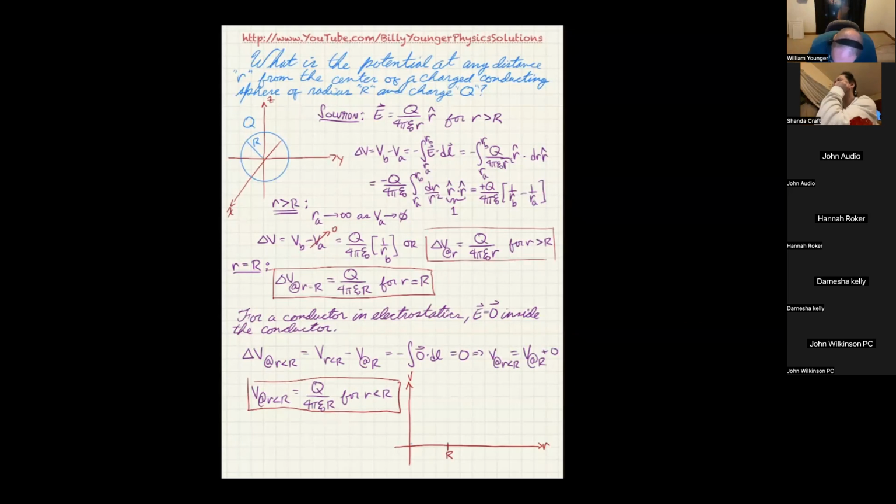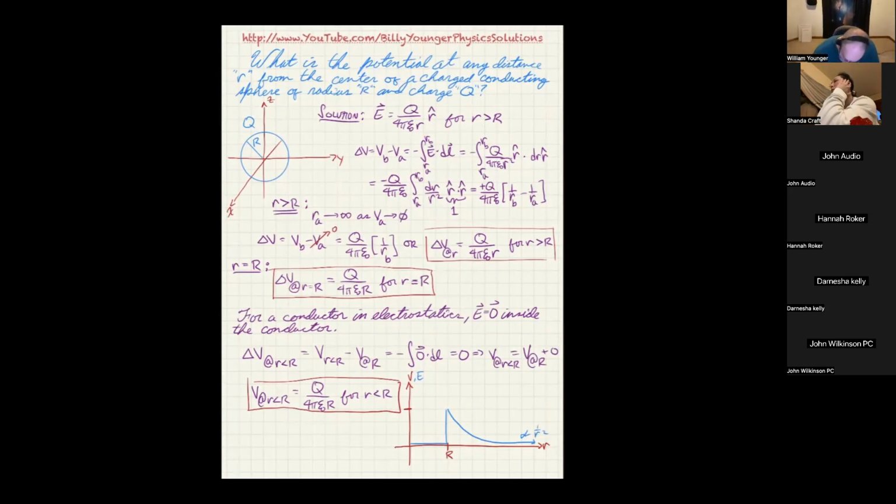So this right here is the electric field. And then what we found out is right about here, that's where the electric field stopped being 0, and then it fell off rather rapidly like this, proportional, in fact, to 1 over r squared.